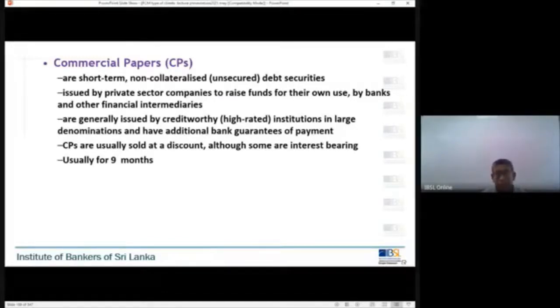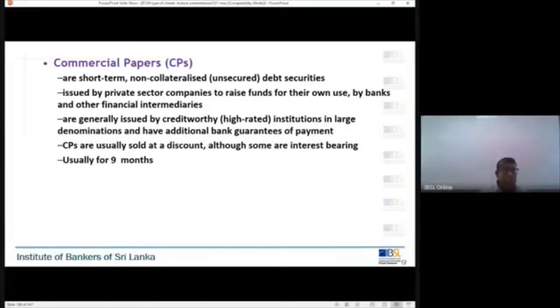Okay. Sometimes they may have a bank guarantee also, just to strengthen that product. They say, if I do not pay you, that particular bank will pay you, just to support the commercial paper. Otherwise, people won't buy it, right? I told you Sri Lanka is sometimes not much popular in commercial papers, but remember it's short term, right?